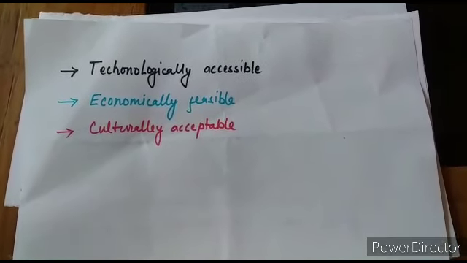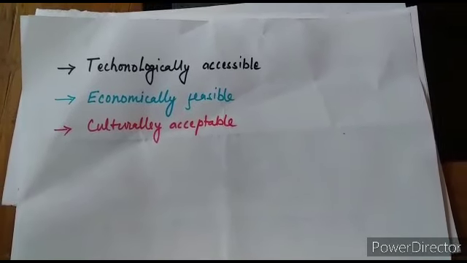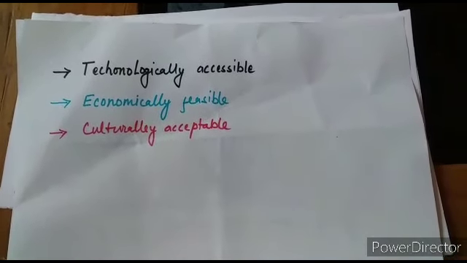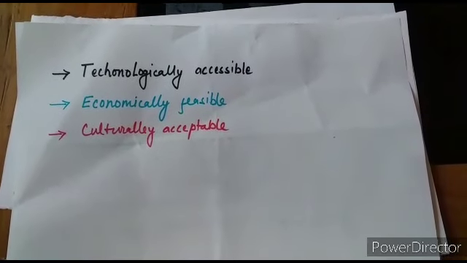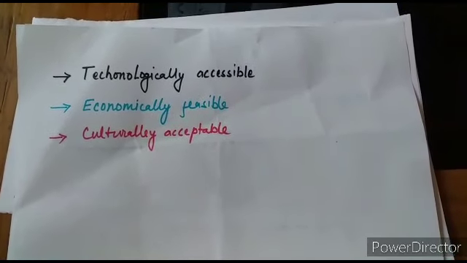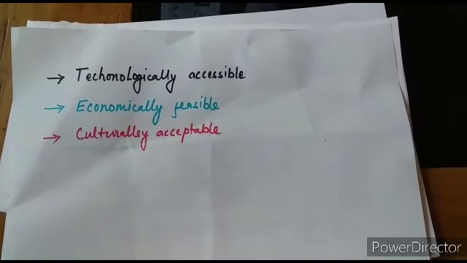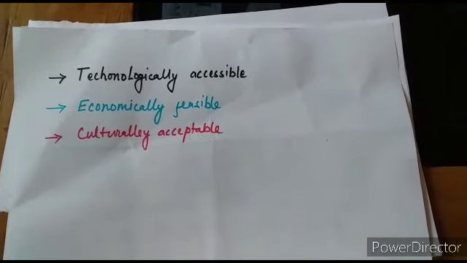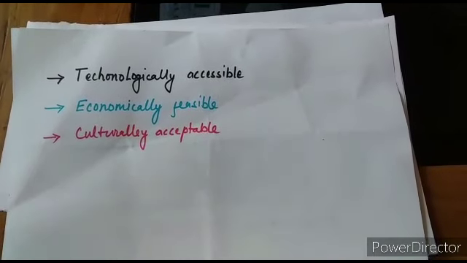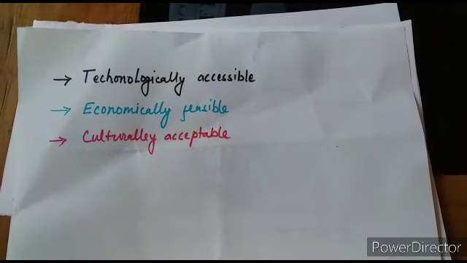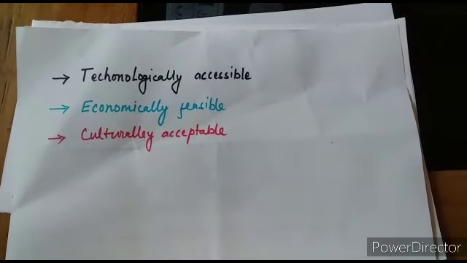Second is economically feasible. Feasibility of the economy refers to the purchasing power. When the economies are divided into underdeveloped, developing, and developed, then in these three categories all types of resources are used differently.